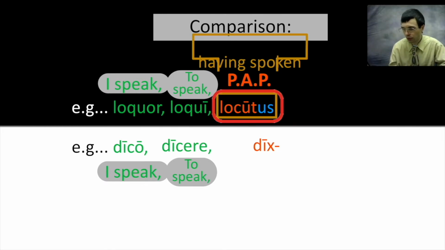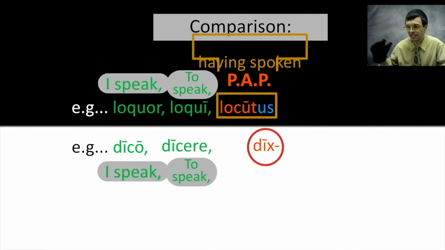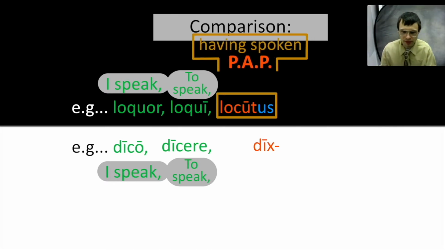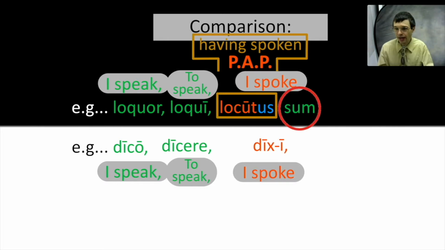Locutus is our perfect active participle, and dix, which was the perfect stem, the third principal part without the ending i. Both of those are the parts that mean back then it happened. Okay? So both of these really mean "having spoken." But add on the sum or the i and you get "I spoke."